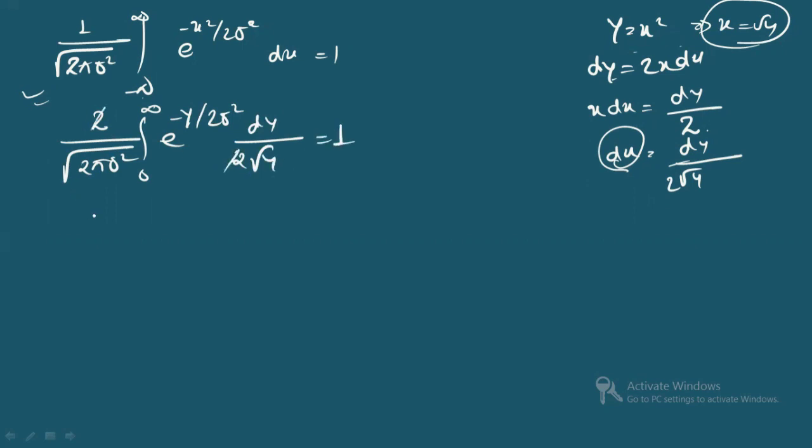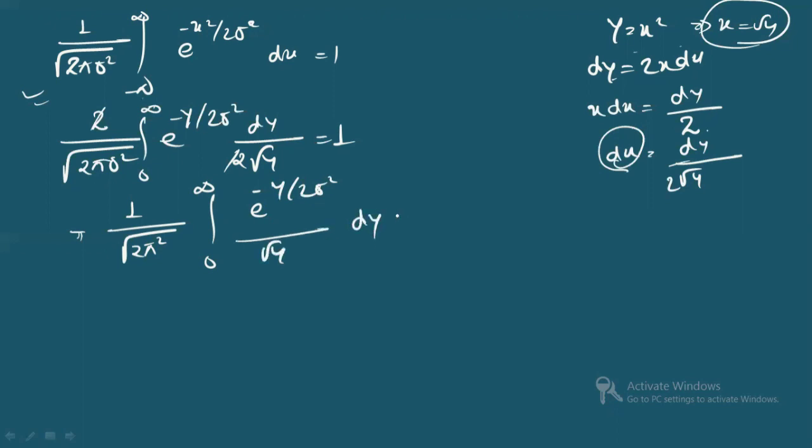So the 2 and 2 will get cancelled here. Finally you will have 1 by root over 2 pi sigma square, and the integration from 0 to infinity of e to the power minus y by 2 sigma square, divided by root y, dy. Clear? This is what you are having.